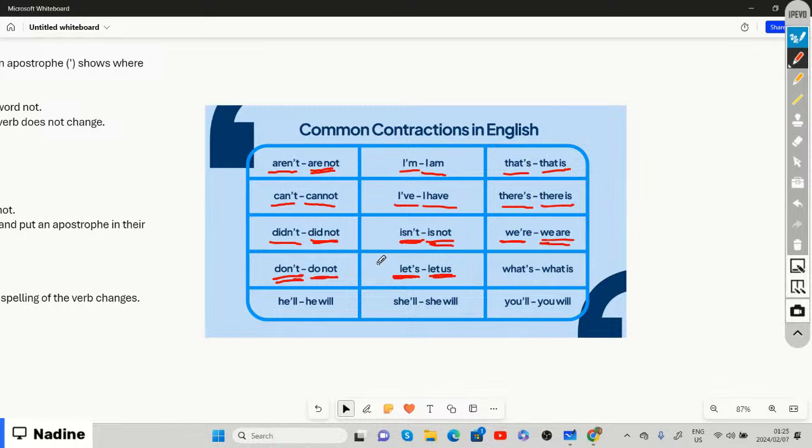Let's play outside. So here also we can say, what is your name? Or we can shorten that word and say, what's your name?